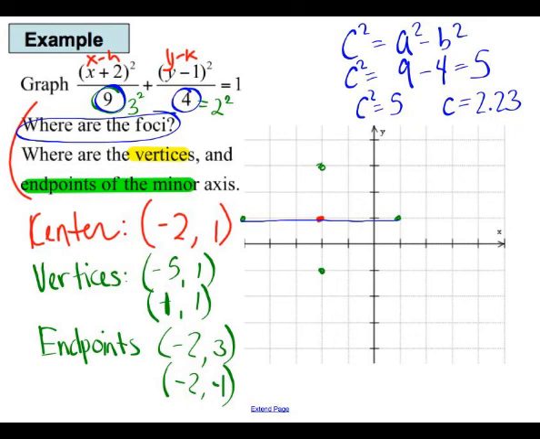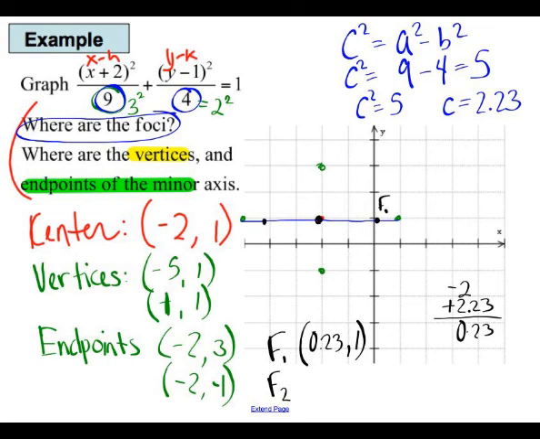It's a distance. So I'm going to go 2.23 in both directions from the center of the graph, 2.23 in this direction, and 2.23 in the other. And that's going to help me find my two focus points. F1, we'll call it. From -2, I went 2.23 to the right, and I ended up at positive 0.23. But it was still up 1. So (0.23, 1).